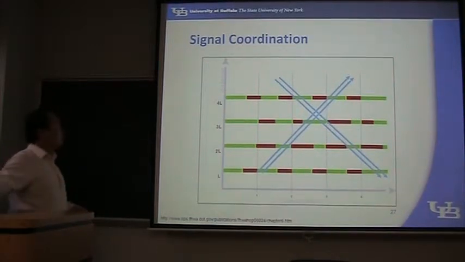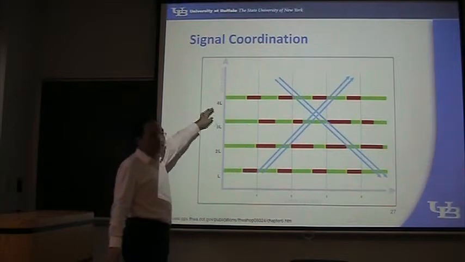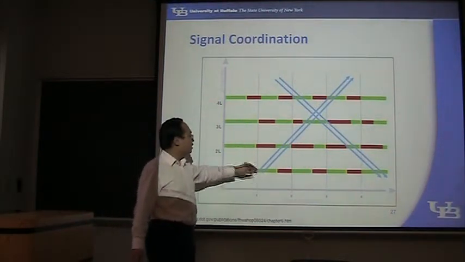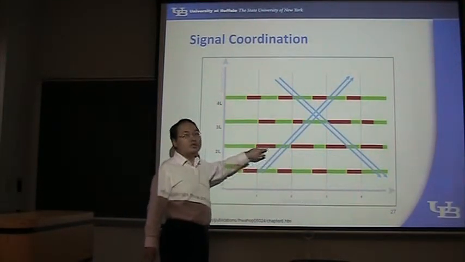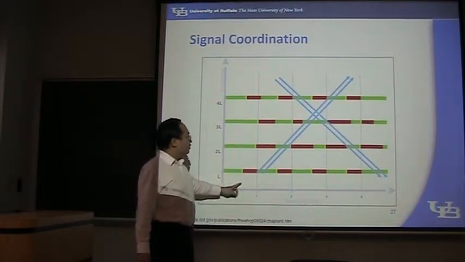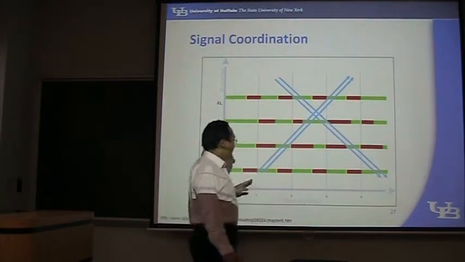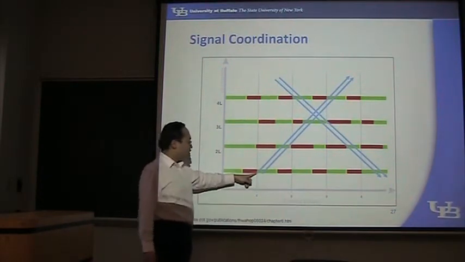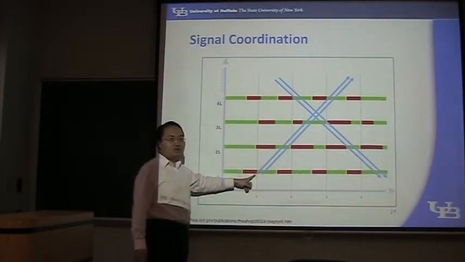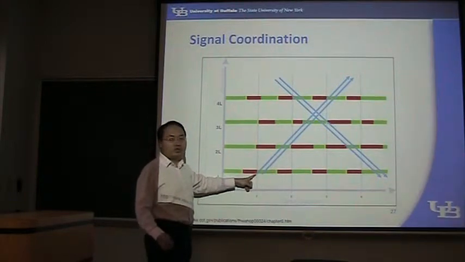Another concept is called signal coordination. So you are already familiar with this time-space diagram, and these bars are representing the signal status. If a vehicle travels northbound from here, at this time the red phase just finished and the green phase just started.